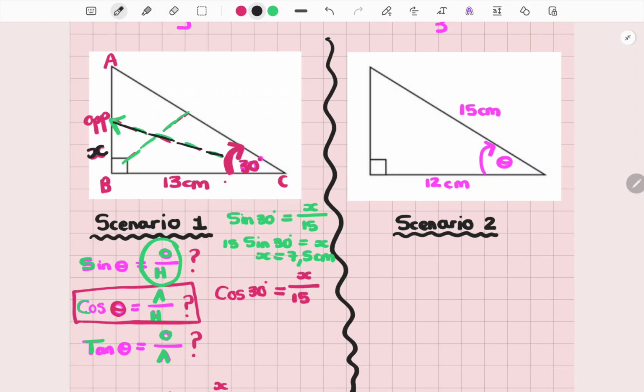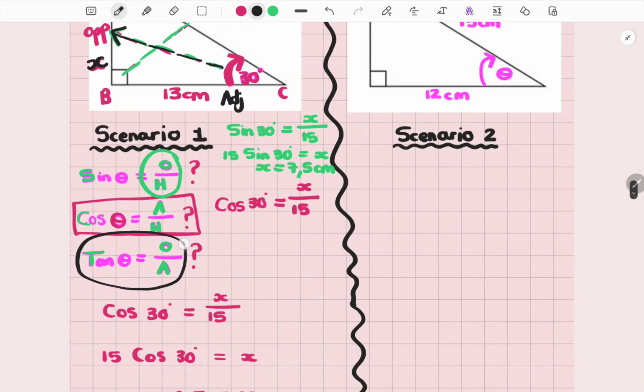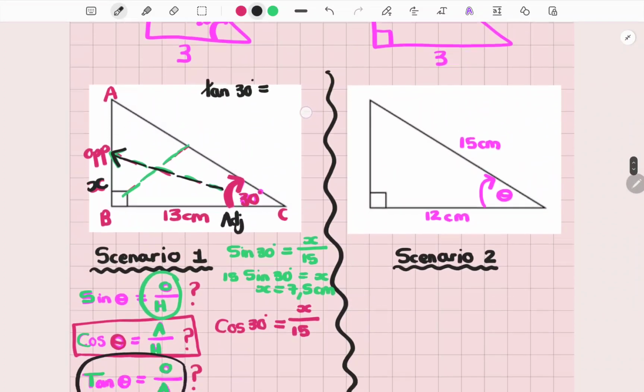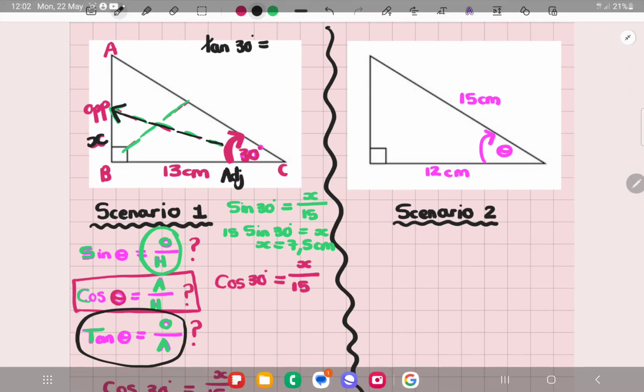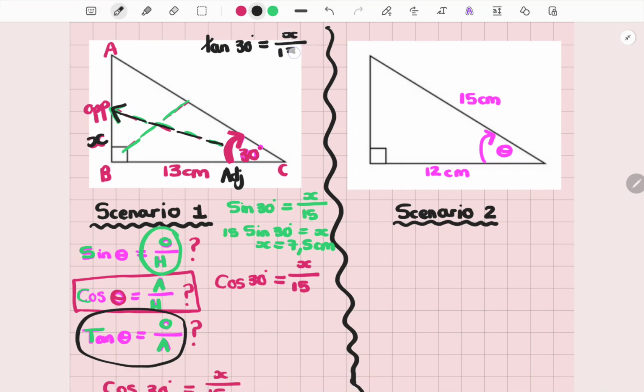Now we are working with the opposite and the adjacent, and that is tan. So tan 30 degrees is equal to the opposite over the adjacent. Tan is equal to 13 over x, so 13 tan 30 is equal to x. So x is equal to 13 times tan 30.